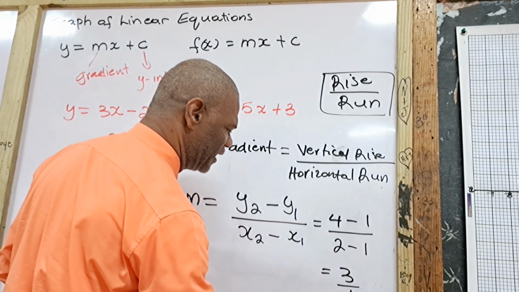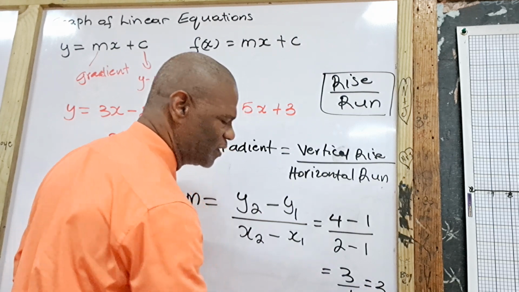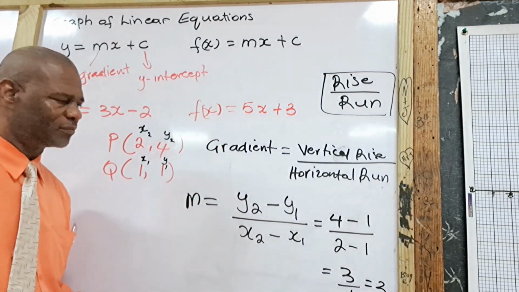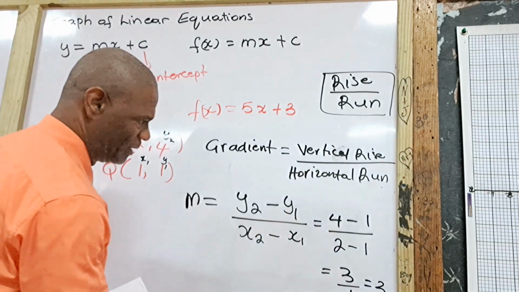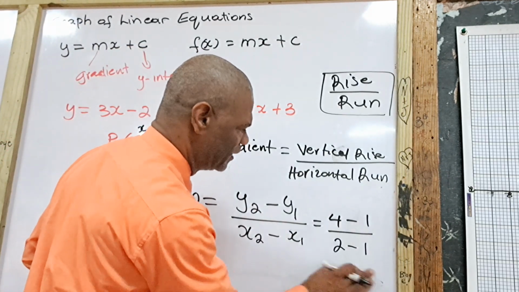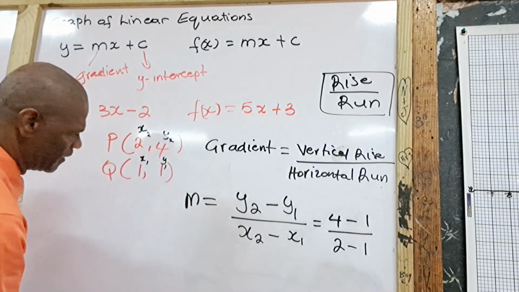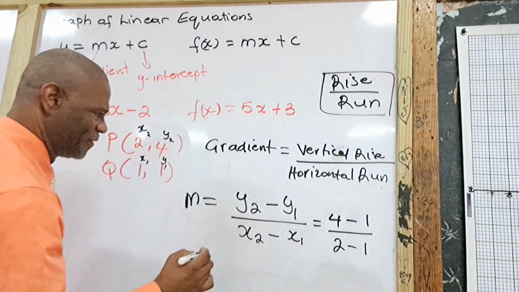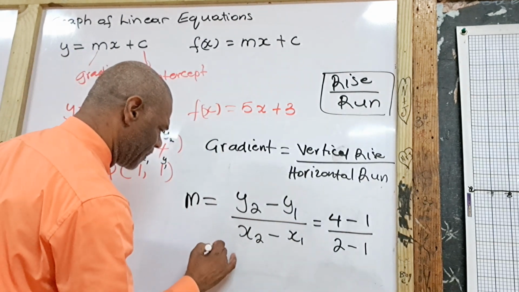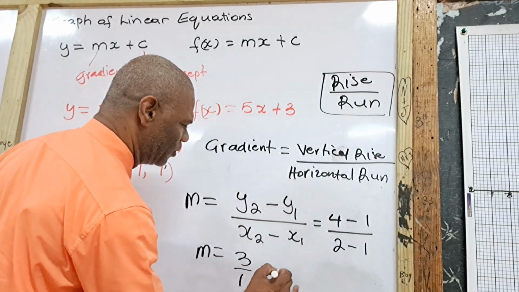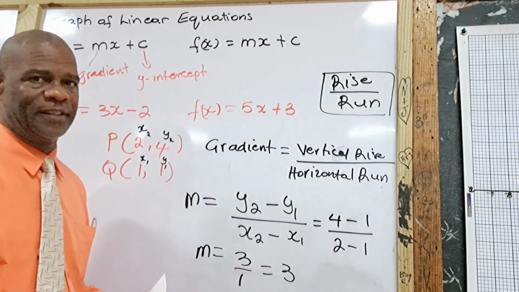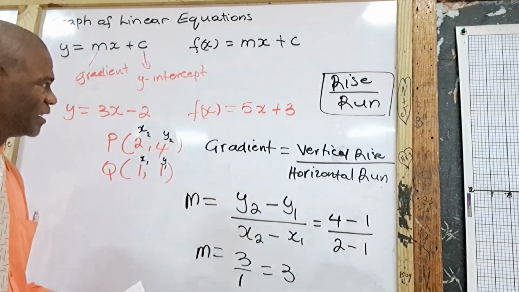So our gradient then is equal to 3. Alright? Now, if you notice, can you see that? You may not be able to see that. So let me just move it. So we have m is equal to 3 over 1 equals 3. Alright? So the gradient is 3.